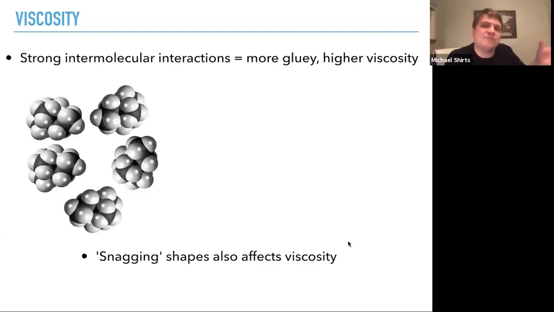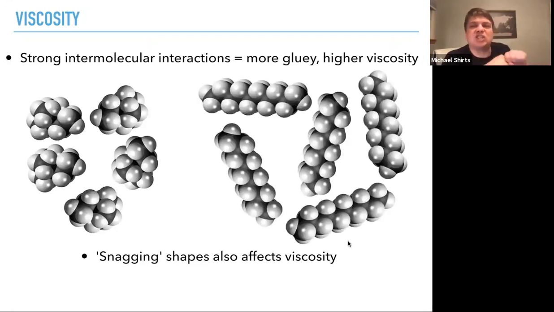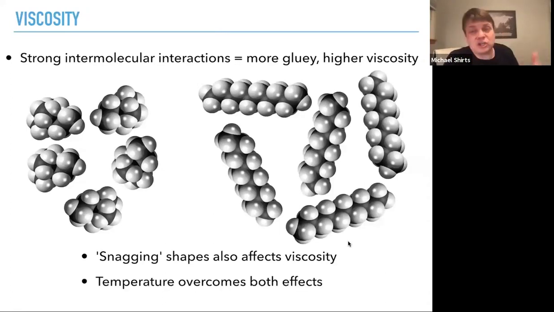Nice round shapes tend to roll past each other, and those will generally have lower viscosity, whereas larger, sticky or stringy shapes, like longer polymers particularly, or things we'll talk about more like hydrogen bonds, like to stick to each other, and those will generally have larger viscosities as well. So you have both the strength of the interactions and the shape of the molecules, how tangled up they get in each other. Temperature overcomes both effects. At higher temperatures, everything becomes less viscous because there's enough bouncing around to either bounce away from the intermolecular interactions or to go around the stringiness.